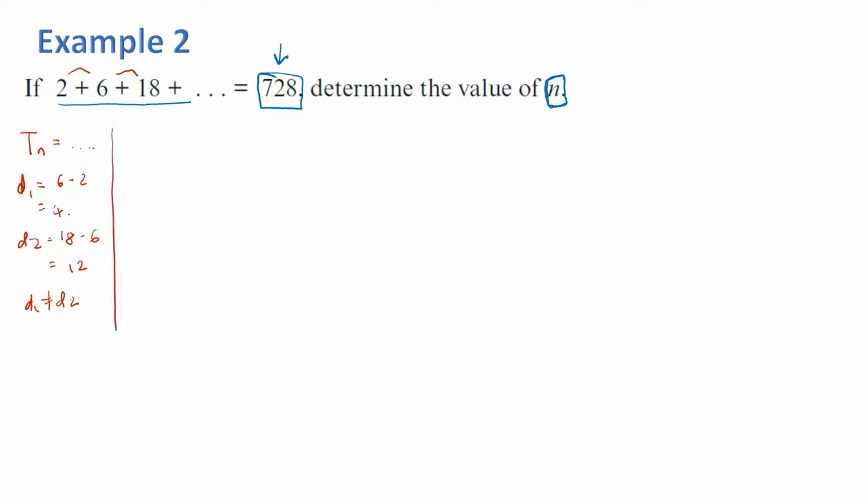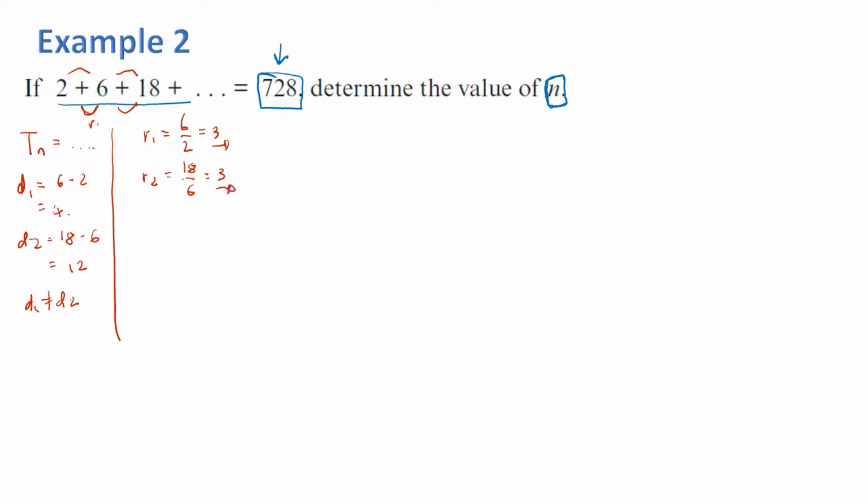Okay, so I know it has to be geometric, and therefore I have to calculate these ratios now. R1 equals 6 divided by 2, that's 3. Just to test it, R2 equals 18 divided by 6, that's 3.